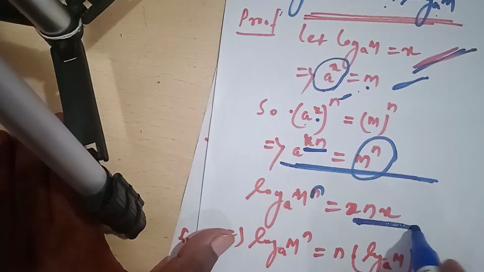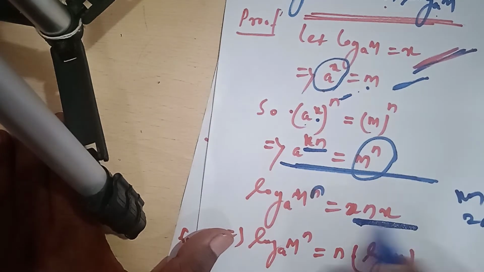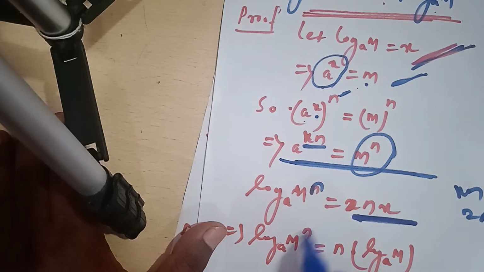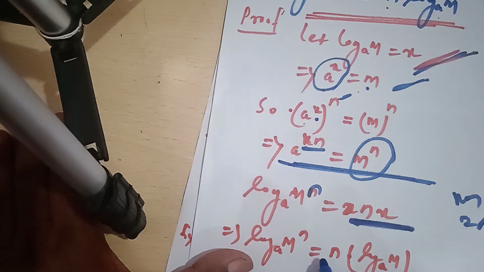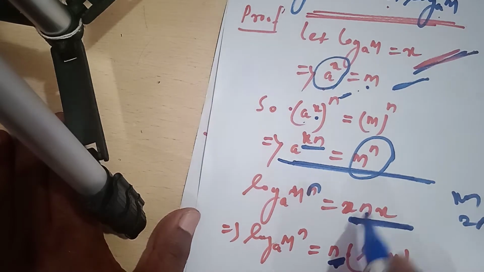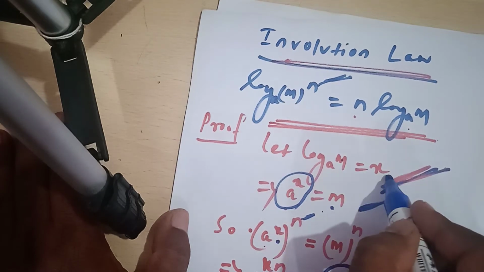I have written nx. Here n is kept as a constant, and x, before that I took log m to the base a is equal to x.